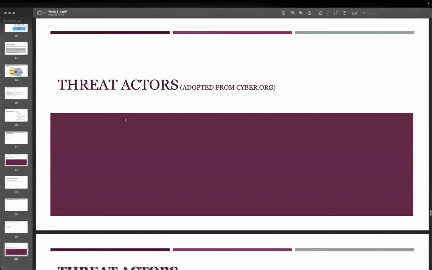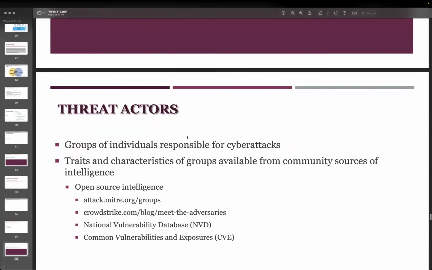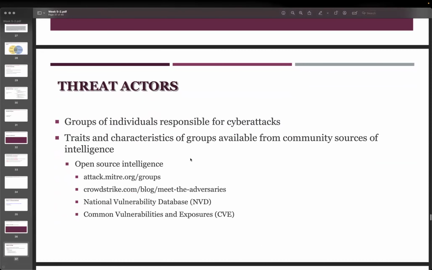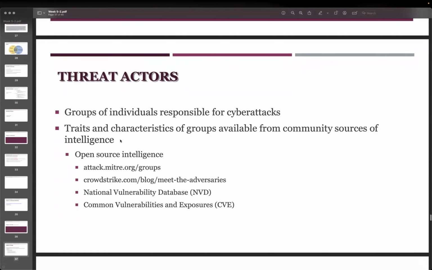And for the threat actor, that's what we talked about before. They are the group of individuals responsible for the cyber attack, and we can trace the characteristics of this group. They are always available from community resources, the sources of intelligence, sometimes open source intelligence like this.